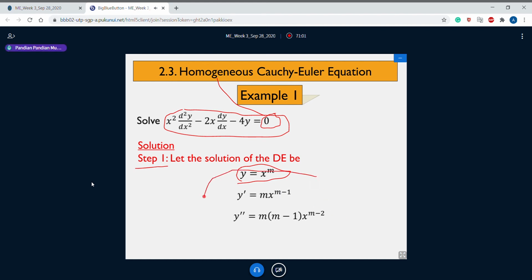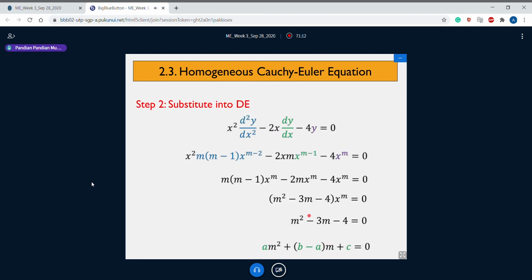So you take all this and plug it inside here, y'', y', and y. When you plug in all, you will get this one: d²y/dx² is m(m-1) x^(m-2), dy/dx is m x^(m-1), and your y is x^m.